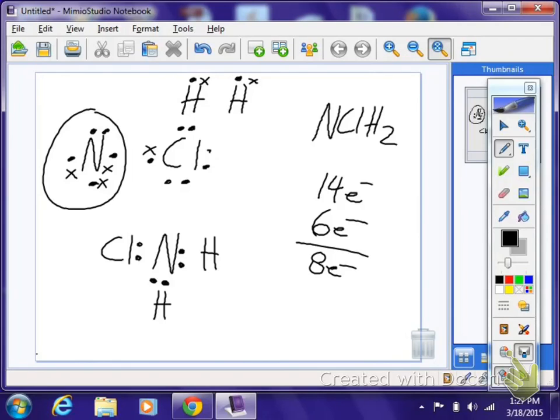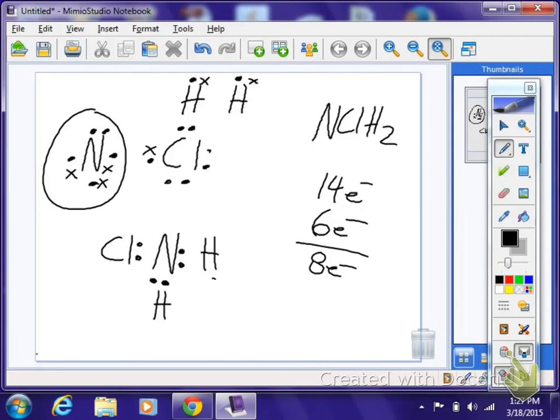If we've got any electrons left over, we need to place those electrons around the branched atoms. So branched atoms would be like the chlorine, the hydrogen, or the 2 hydrogens. Now, hydrogen, we won't include any more electrons.